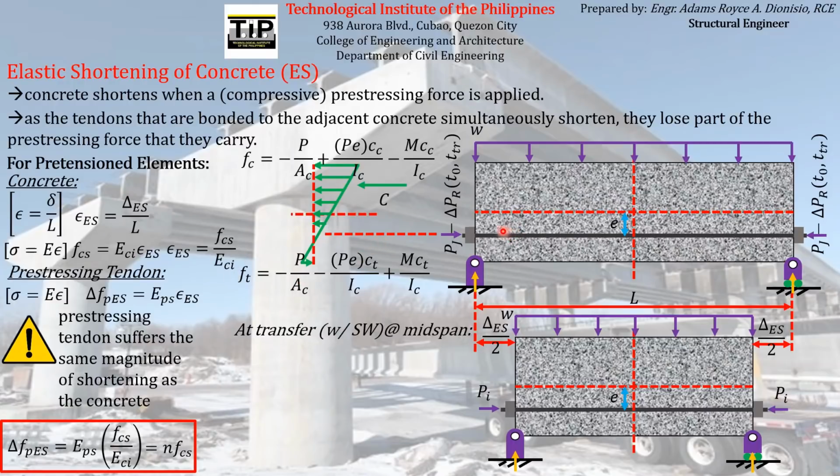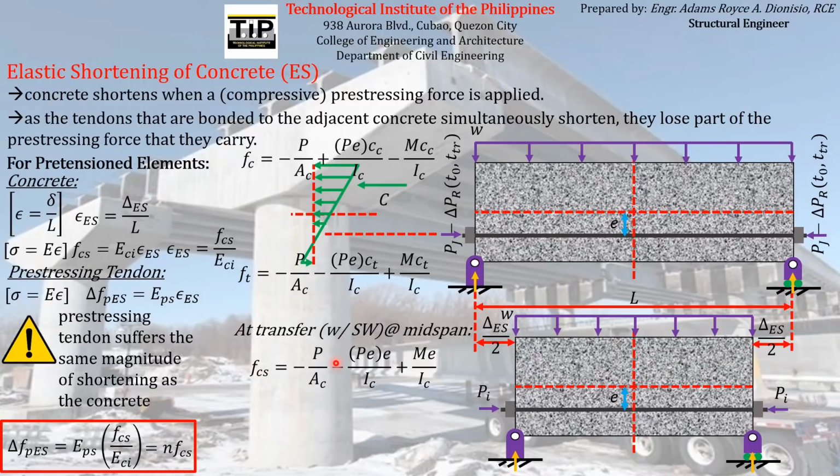And since this is the location of the fiber that we are concerned with, which is at a distance e from the centroid or the neutral axis of the concrete element, we just have to replace the C that you see here with the eccentricity e. If you substitute that, you can find this equation for finding the stress acting on the concrete at the level of the pre-stressing reinforcement.